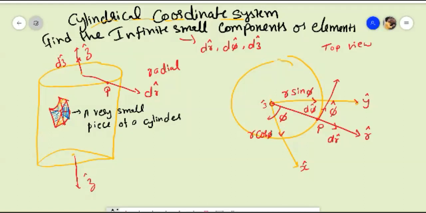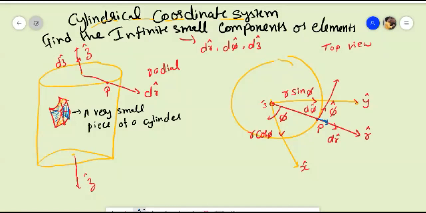Okay, if we try to locate this point on our top view, let me draw it. So this is our top view, and this is our point P here. Suppose the point P is moving along the dr length.